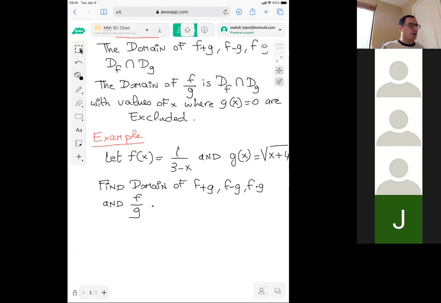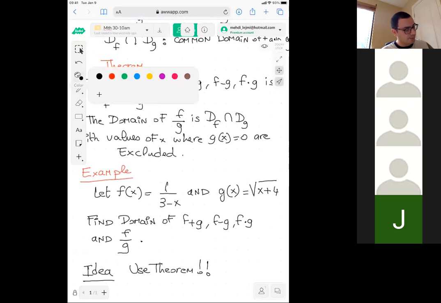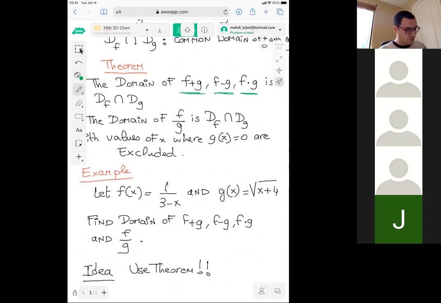All right, so to answer this question, guys, you don't have to compute f plus g, f minus g, f dot g, or f over g. All you have to do is use the theorem. The theorem says the domain of f plus g, f minus g, and f times g is just the common domain.